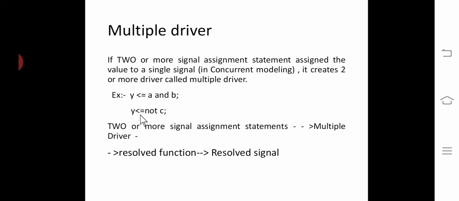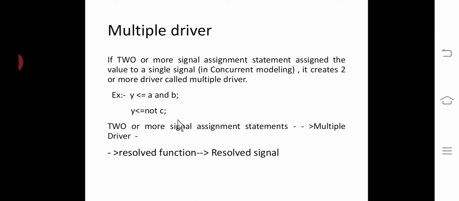If you are assigning values, y is equal to a and b, and y is equal to not of c, then for each assignment a value is assigned and for each one a signal driver is also created. So that is why it is called the multiple driver.